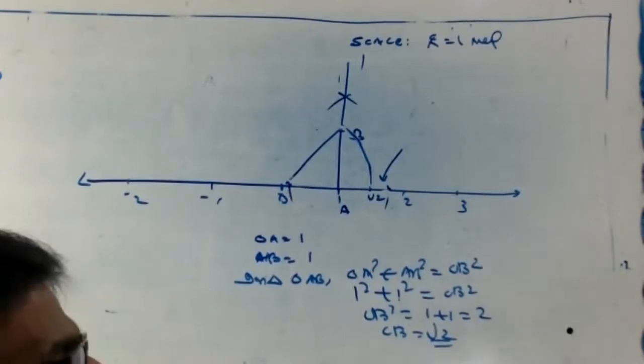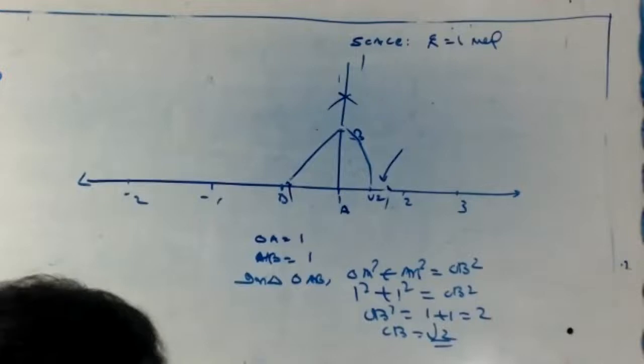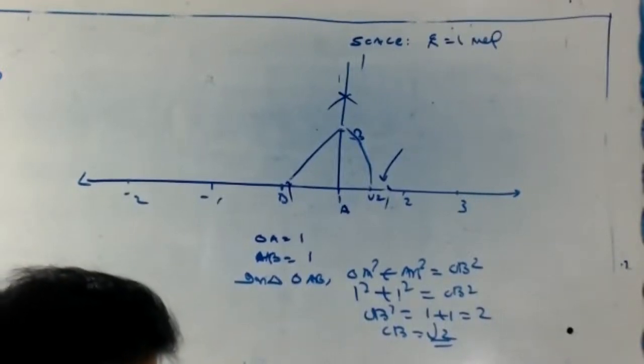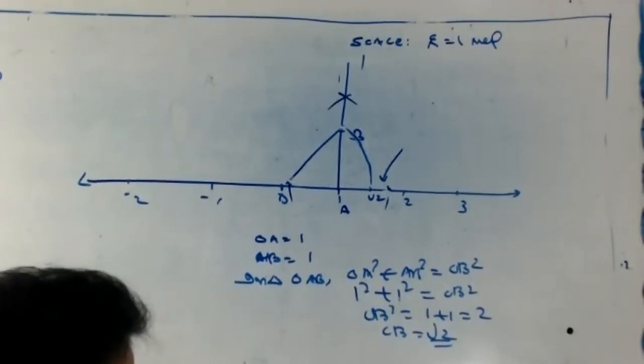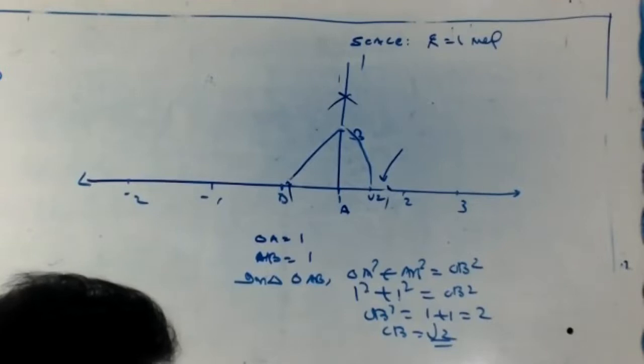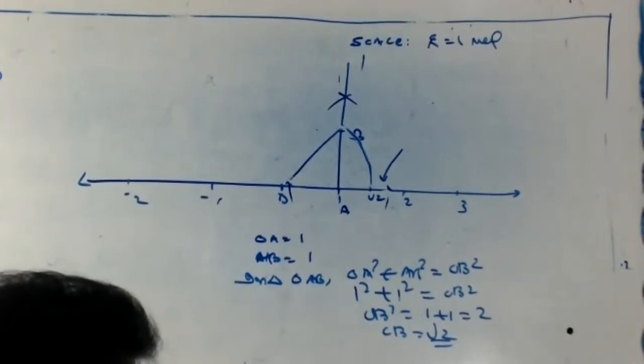Then OB square equals 1 square plus 1 square, equals 1 plus 1. Then OB square equals 2.